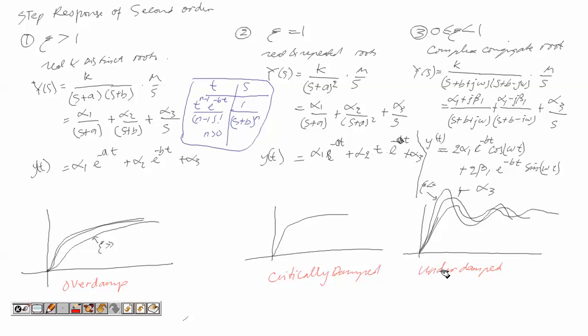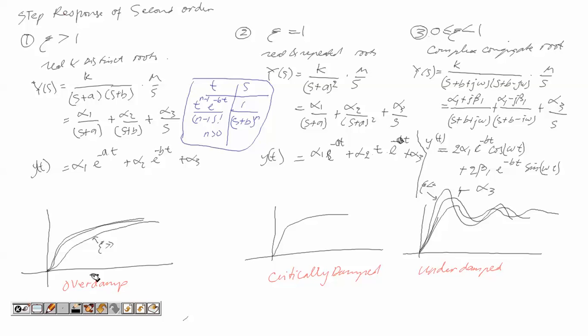So an underdamped response occurs if the value of theta is between 0 and 1, critically damped is produced by a second order system with theta equal to 1, and an overdamped response is produced by a second order system when theta is more than 1.